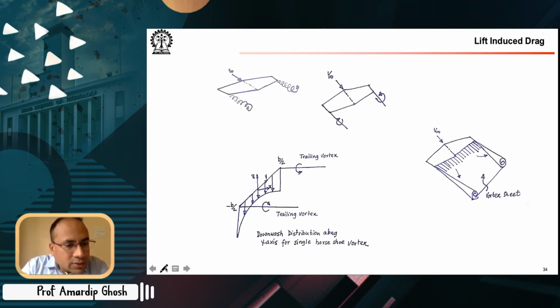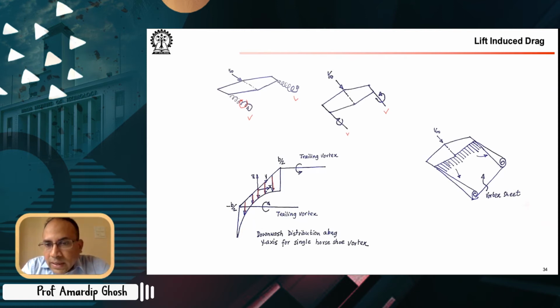Okay, this is also something that we have shown in the previous lecture, that is contrails represented as vortex filaments, so strengths match the circulation generated by these contrails. The trailing vortices induce a velocity field at different locations of the wing. This is known as the downwash. For the single horseshoe vortex case, that downwash distribution looks something like this.